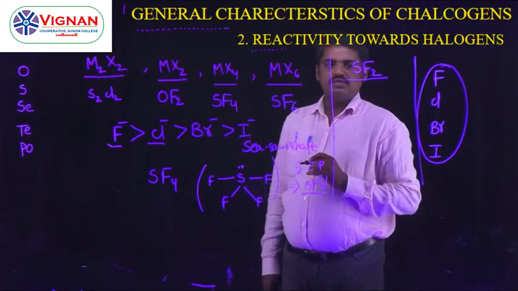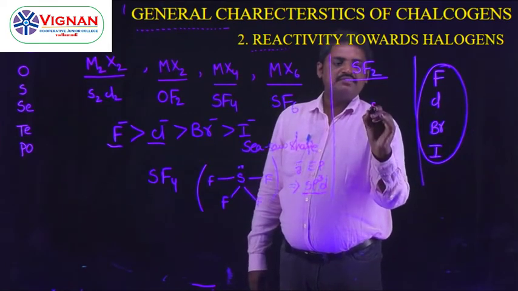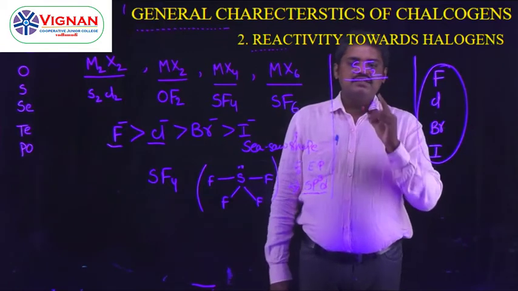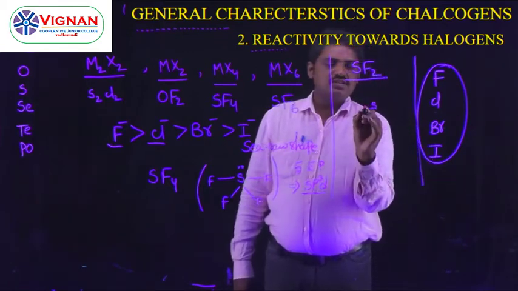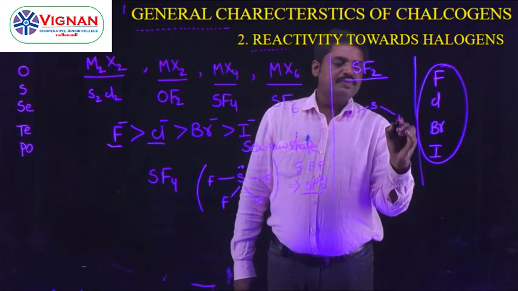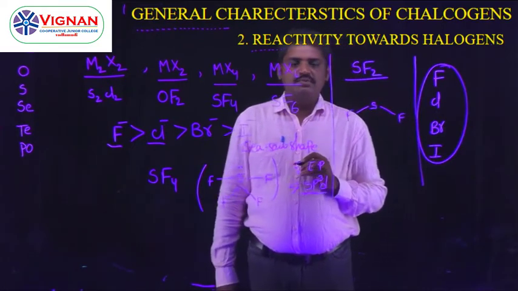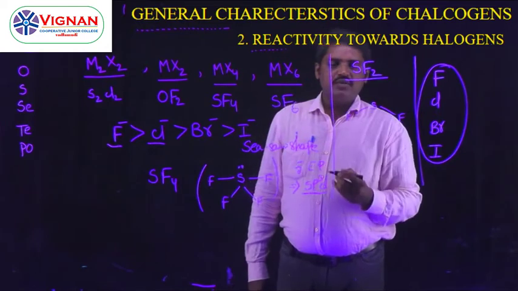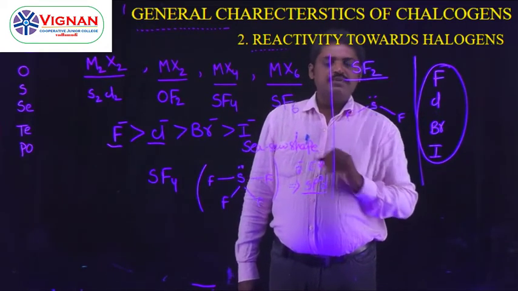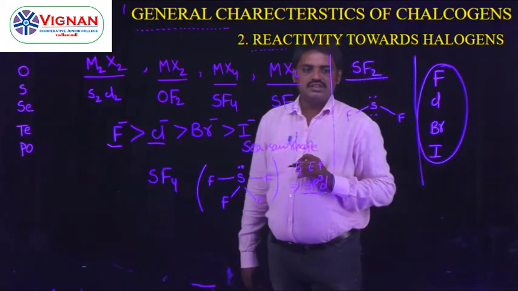The central atom sulfur contains 6 valency electrons. 2 electrons participate in the formation of fluorine bonds, and the remaining 4 electrons form 2 lone pairs.